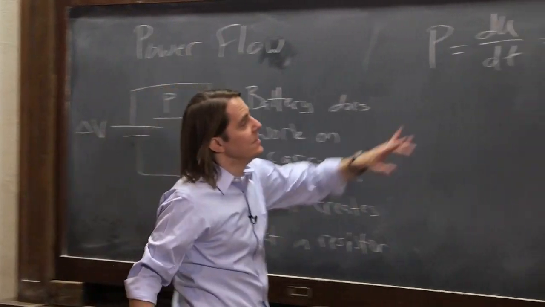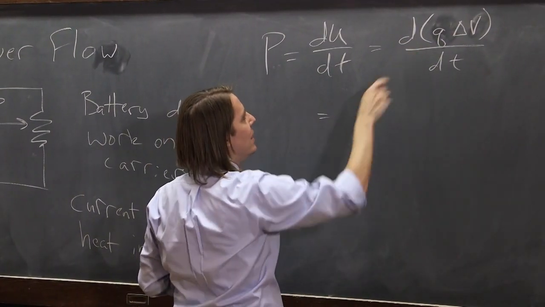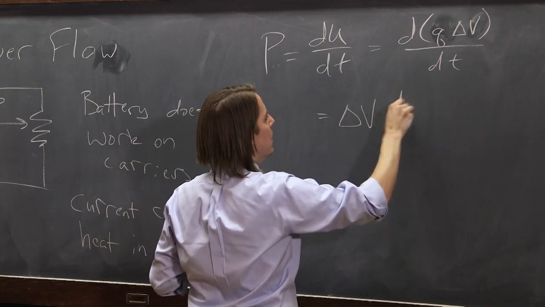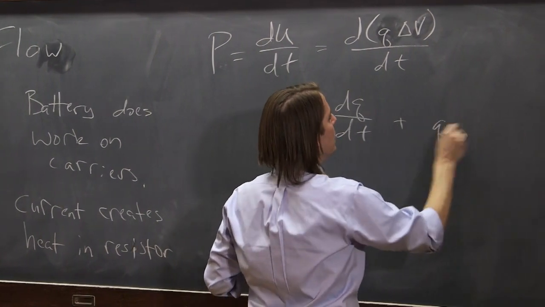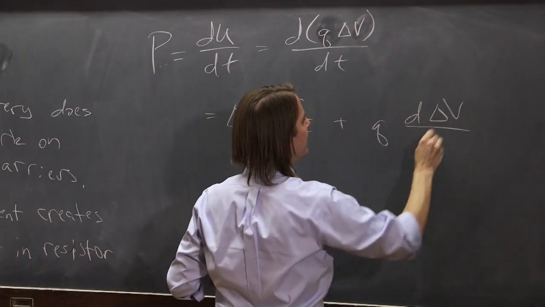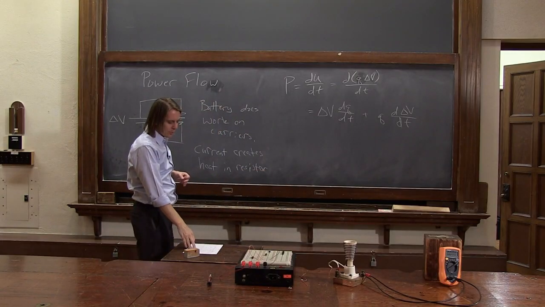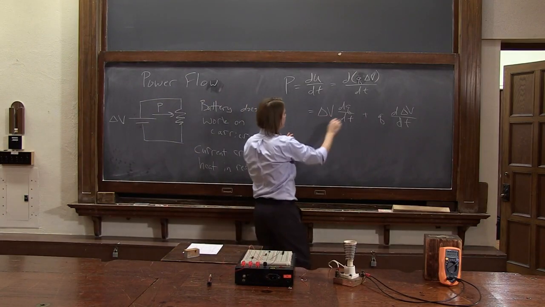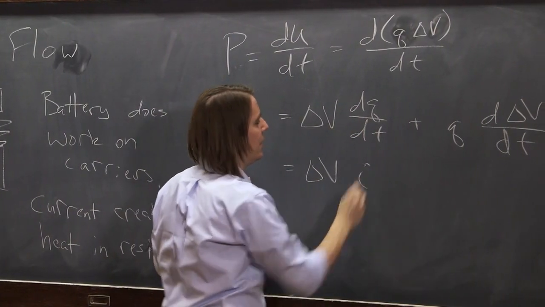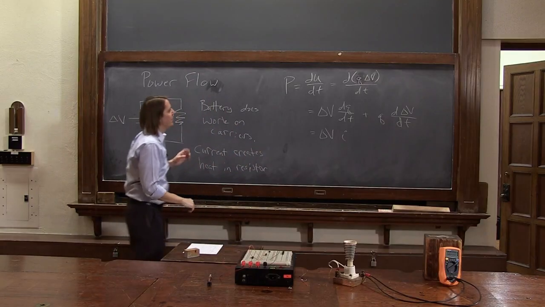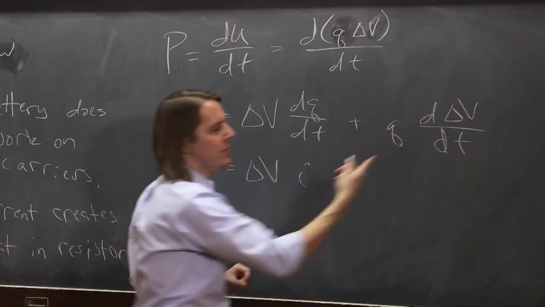And this is a derivative of a product of two things, so you apply the product rule. That's going to be delta V times dQ/dt plus Q times d(delta V)/dt. So you can look at those and say, what is this? Well, this is delta V, and dQ/dt is the current. So that's delta V times I. And then here, d(delta V)/dt, well, delta V is a constant.